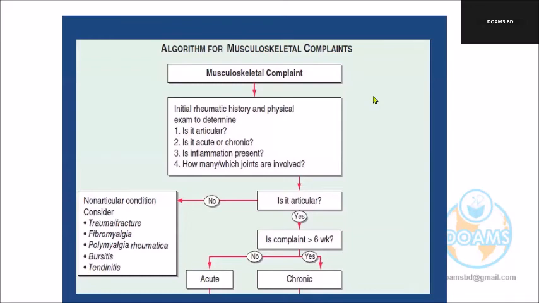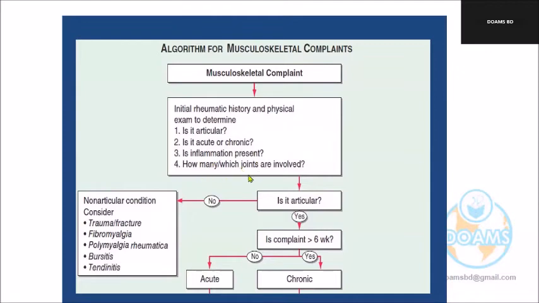If we summarize these musculoskeletal complaints, we can go through this algorithm. Definitely we take the history and do the physical examination. Is it articular, periarticular or other? Is it acute or chronic disease? Are there any features of inflammation, and how many or which joints are involved?